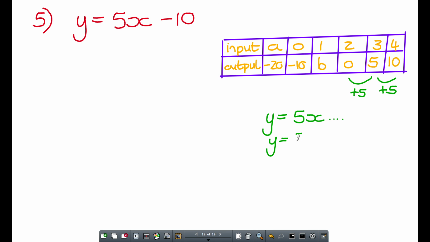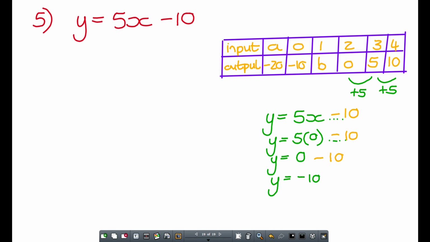So I'm going to say 5 times 0, and that should give me minus 10. But 5 times 0 so far gives me 0. So what did I have to do then? Minus 10. So that's how I knew it's going to be 5x minus 10. You fine with that?